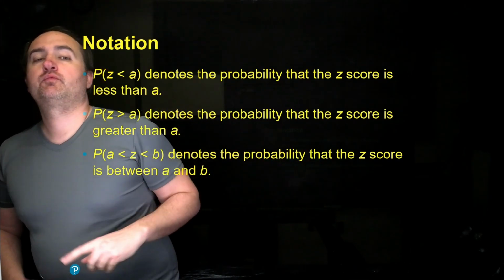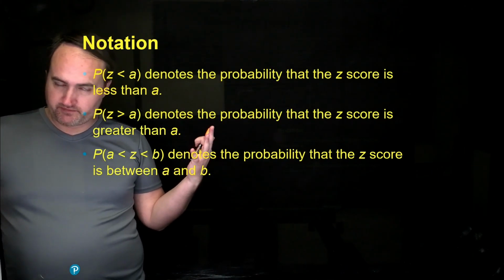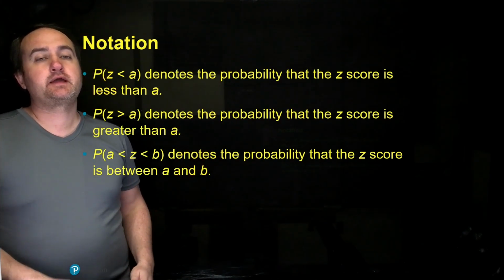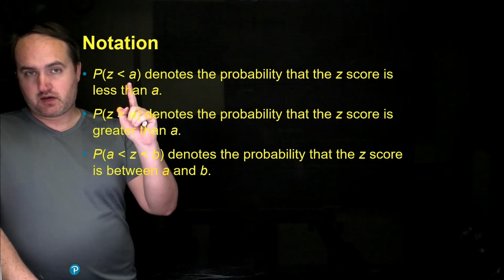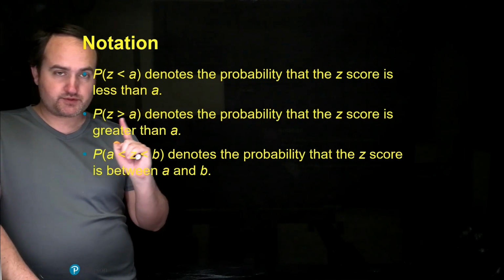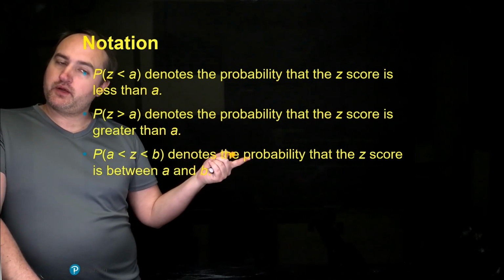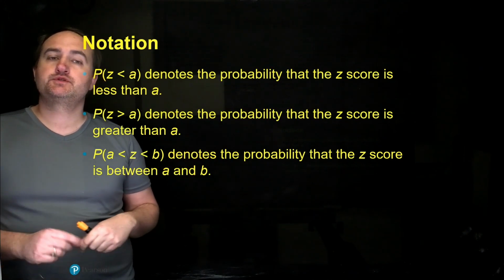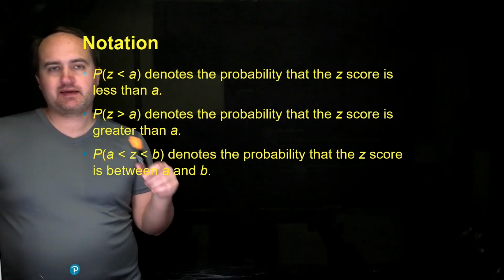Remember that when we're dealing with inequalities, you may remember this from an algebra course, less than goes to the left. That's the case we just saw. Greater than goes to the right. To find the area to the right, you're going to have to do 1 minus the area to the left. And that's going to be our second case here.